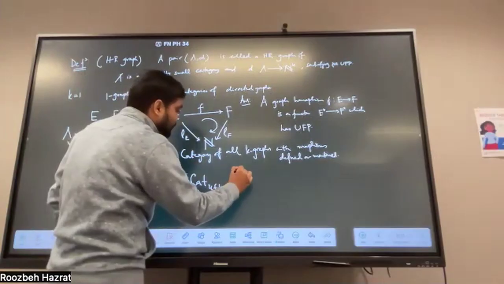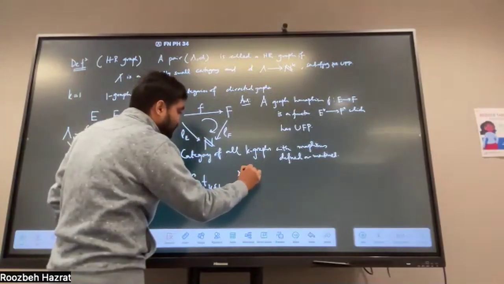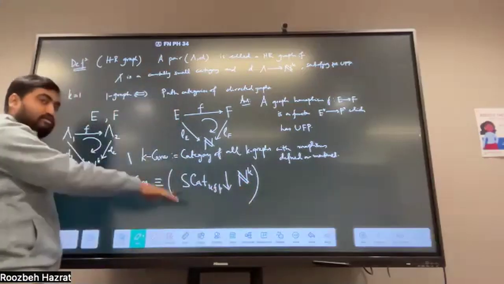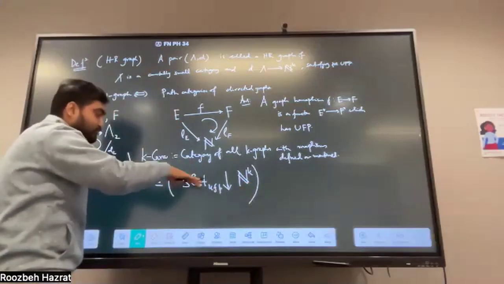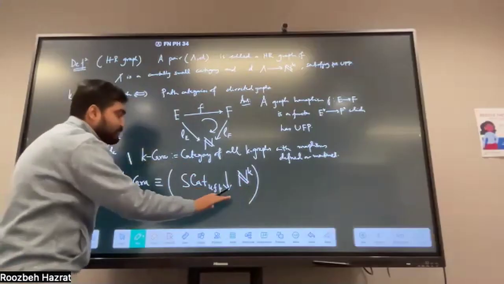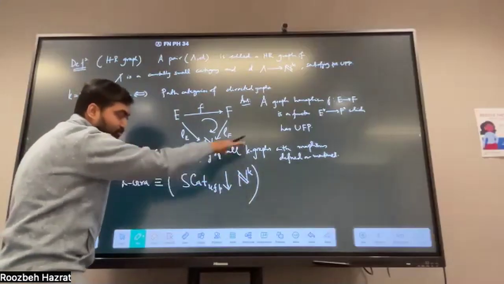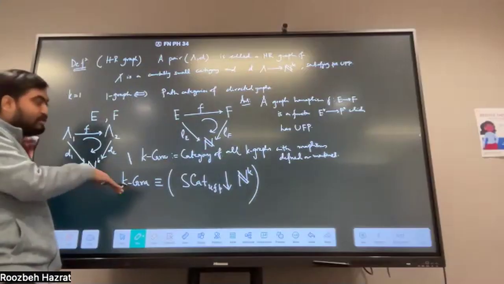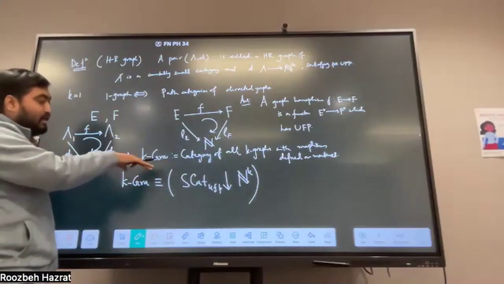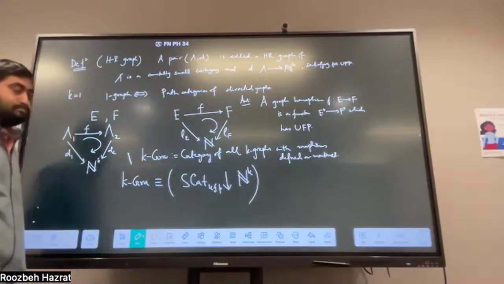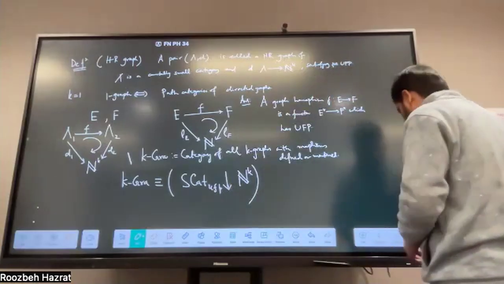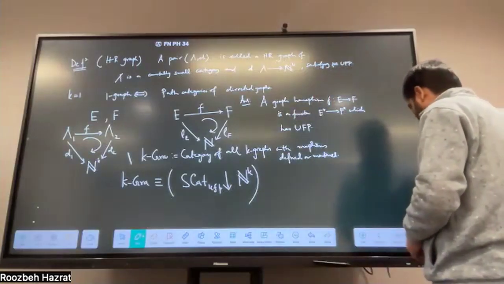And in particular, take this particular object N^k. Then if you take the over category in this category of all small categories, objects lying over N^k, this is precisely the category of k-graphs. So there is another realization of the category of k-graphs as a comma construction. Okay, so I think this is enough for the introduction.